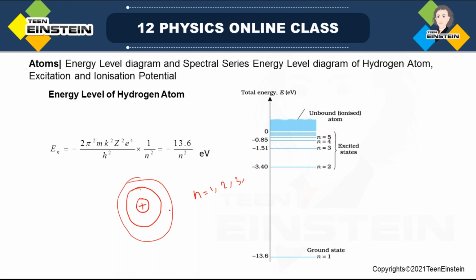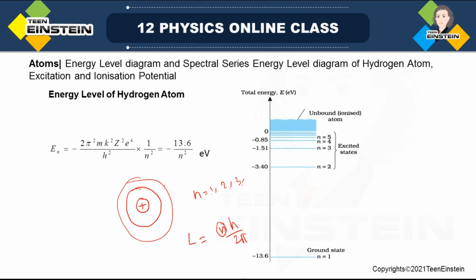That means when electrons are revolving in these particular orbits according to the quantum condition, what is the quantum condition? L is equal to nh by 2 pi. This is the quantum condition of Bohr's postulates. According to this condition, we get this quantum number n is equal to 1, 2, 3. These are the stationary orbits.